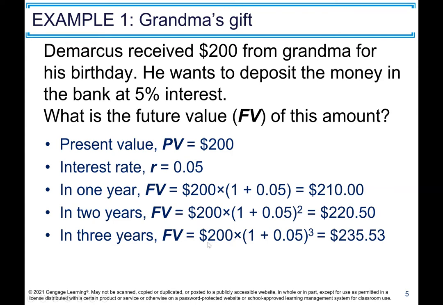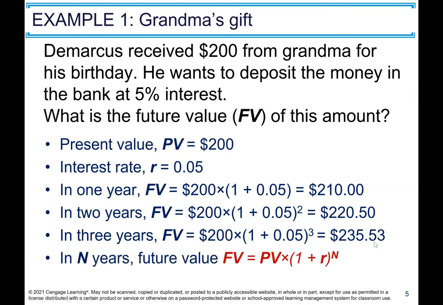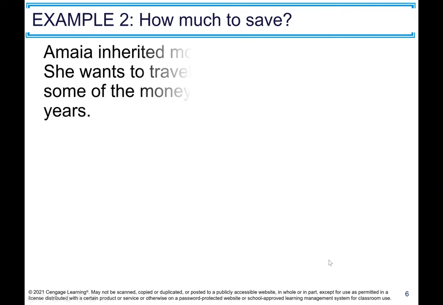Future value is 200 times (1 plus 0.05) raised to power 3, which is equal to $235.53. In n years, the future value is PV, for present value, times (1 plus r) raised to power n.